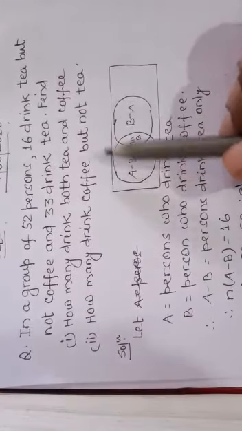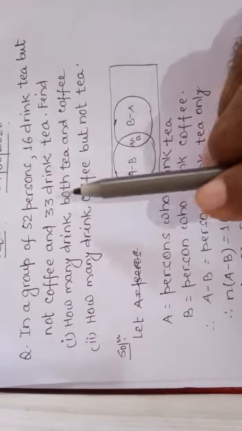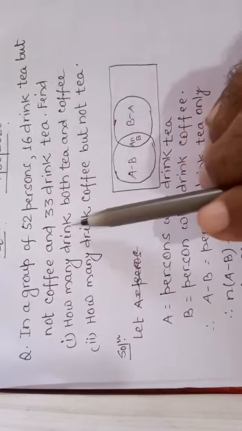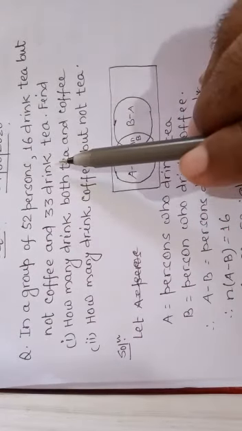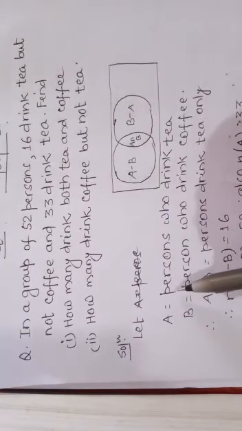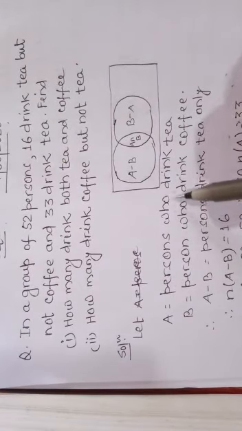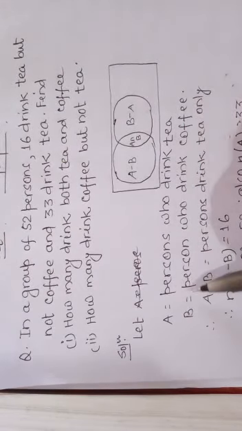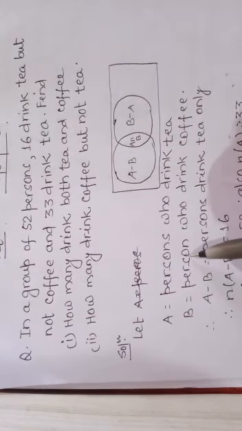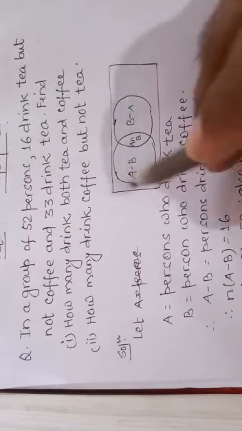So students, first draw the Venn diagram and understand the problem. Suppose A is the set of persons who drink tea and set B is the set of persons who drink coffee.